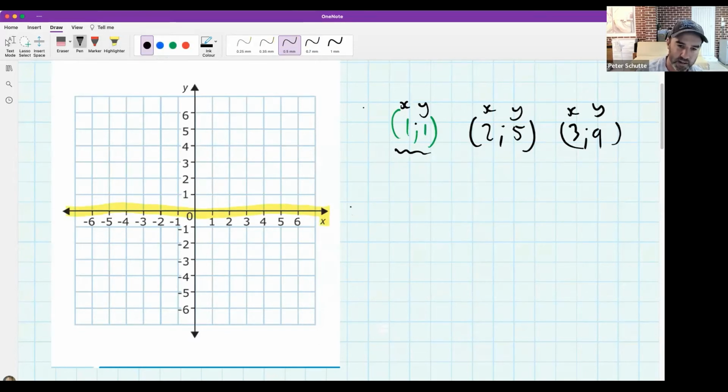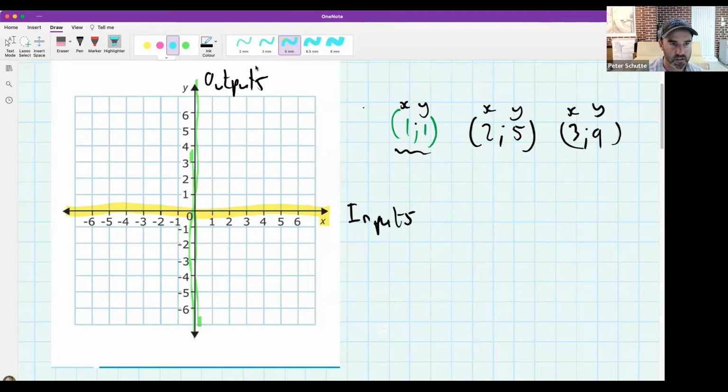This is for the inputs. Can you see the X there? And then we have another number line, which goes like this, which is perpendicular. It's going up like that. And this is for the outputs. And what I'm going to show you guys is how we can plot an input-output pair on this rather interesting looking Cartesian plane.